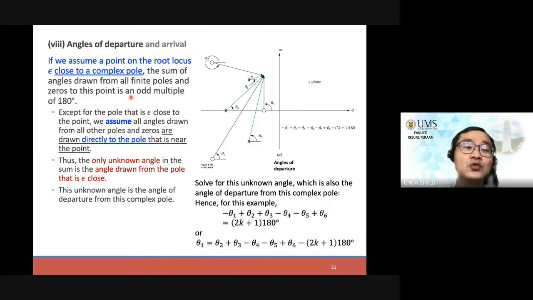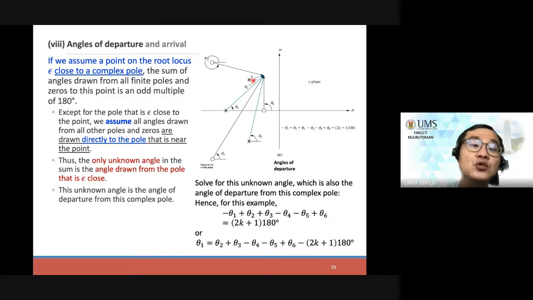What we do here is we assume a point of a root locus close to the complex pole. You may have a complex pole over here, an x over here, right? So in this equation, we may have 2 zeros, 2 poles.